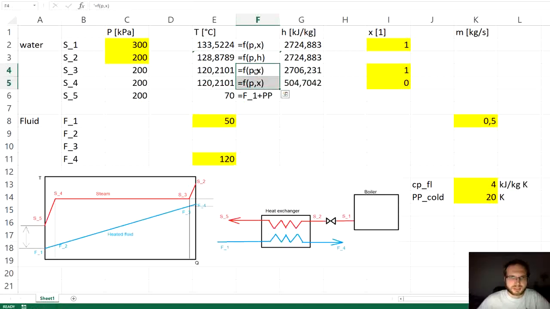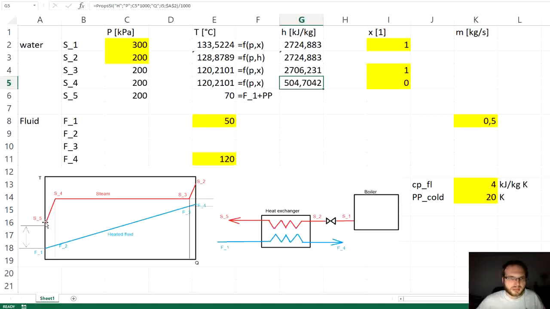Both cases are a function of pressure and quality, which we have here. The temperature is the same because we have the same pressure. Those points are the limits of the condensation, and one is the enthalpy of saturated steam, and the other one is the enthalpy of saturated liquid.